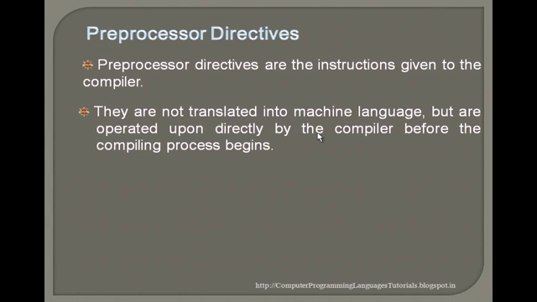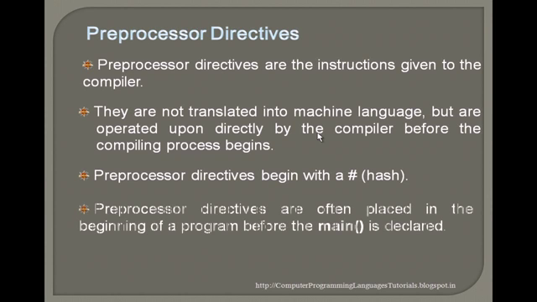But during program execution, these preprocessor parts are not translated into machine language. But it is important. Why? Because it is operated before the beginning of your program. A preprocessor begins with a hash symbol, and it is compulsorily placed above the main function.